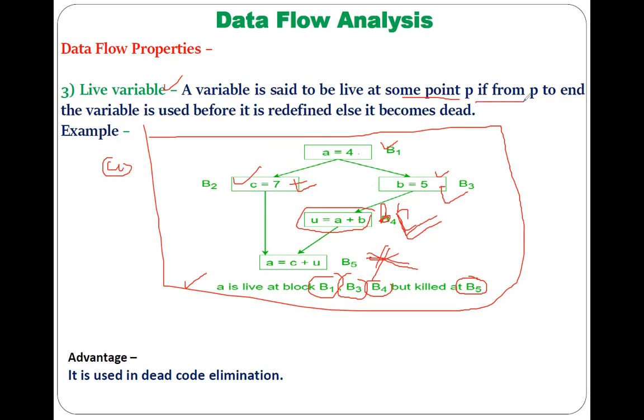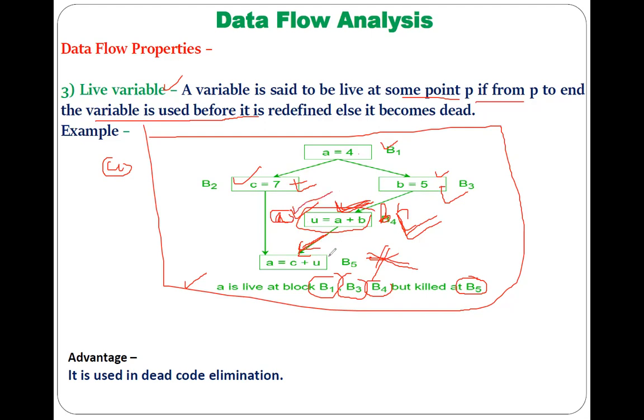From B4 to the end, meaning to B5, the variable is used before it is redefined. At this point B4, A is utilized before A reaches B5. That is the reason A is live here.